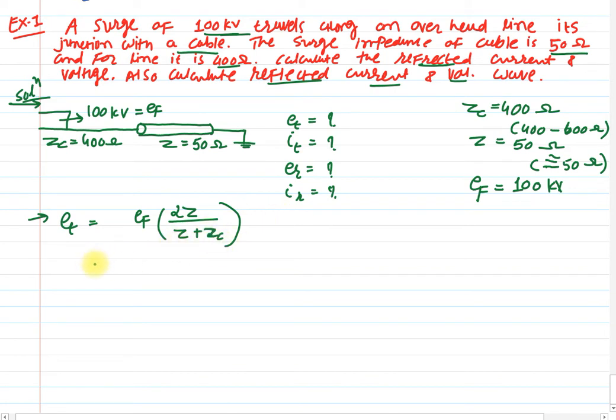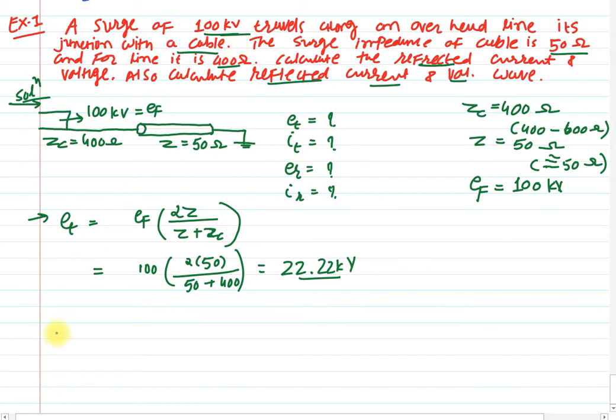Just substitute all the values given here. So 100 into 2 into 50 divided by 50 plus 400, which is equal to 22.22 kV. Clear?